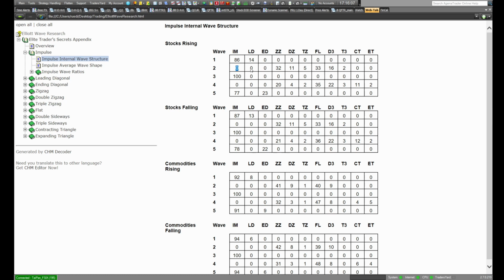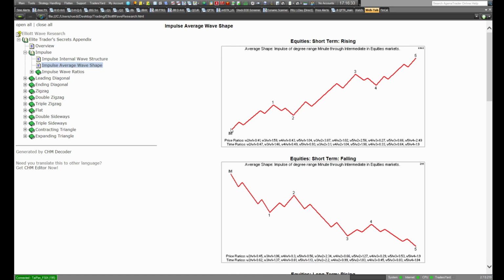You can see the second wave is never this one. The third is always this one. This is by rule. The fourth is a corrective one again, and the fifth is also something like this. And this is awesome, because this means if we have realized the first wave, if we realize this is looking like this, unfortunately we have to wait until this end.